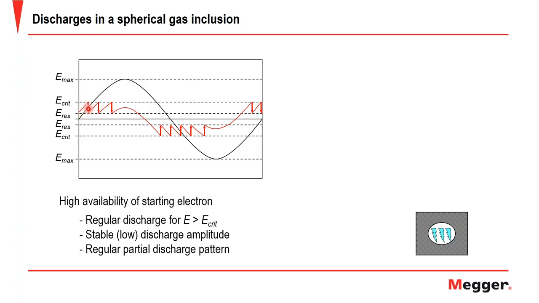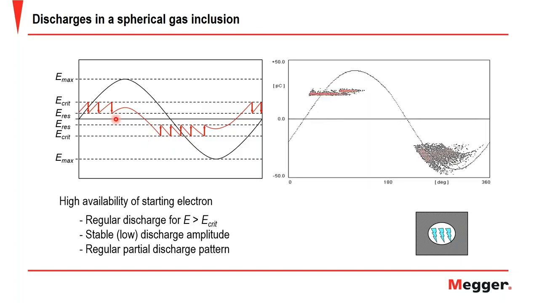Then the internal field breaks down to the residual field, and then it charges again, and discharges again once the critical field is reached. This causes a consecutive row of even pulses, then the change to the opposite polarity, and again, once the critical field is met, discharge occurs. This causes a phase shift, in this case in the first and third quarters.